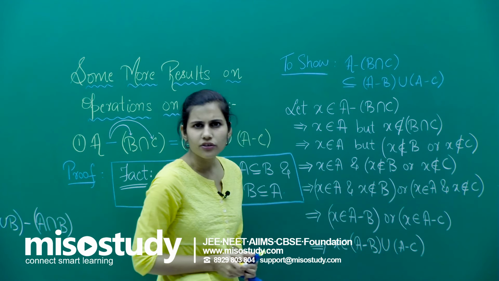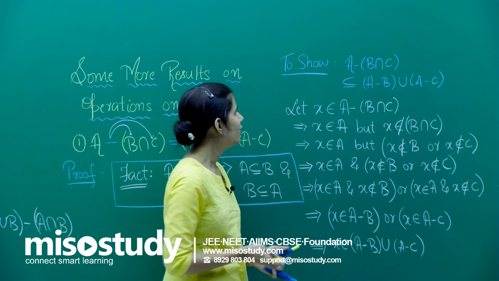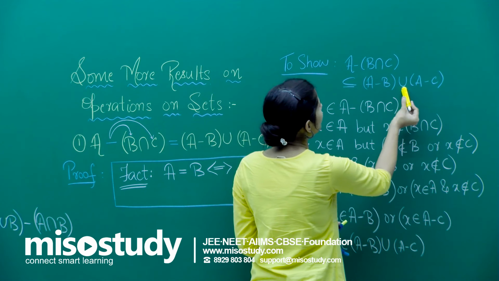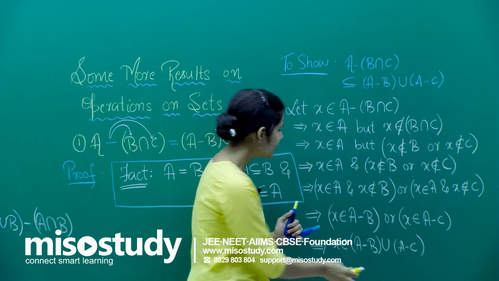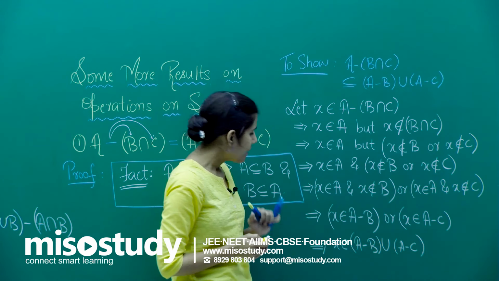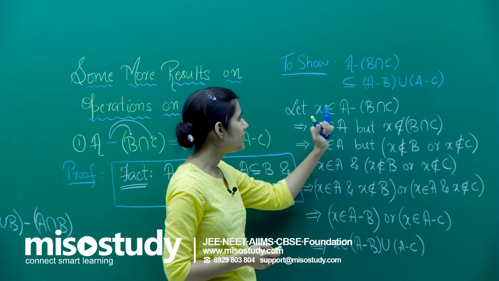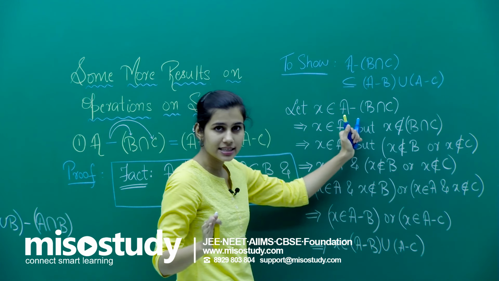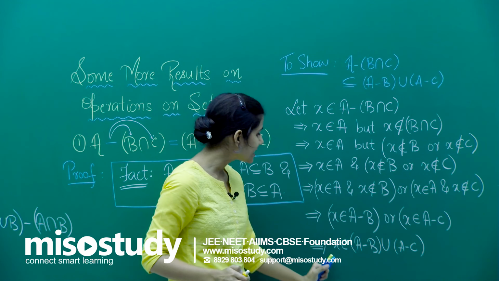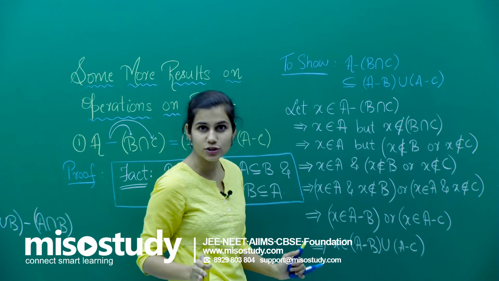Does this match the right hand side set that we had? Well, yes. A minus B union A minus C is the set which we are landing at. Because we had started with X being any member of the LHS, we have proved that the same X is a member of the RHS also.